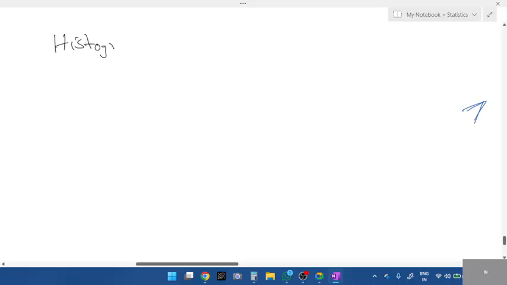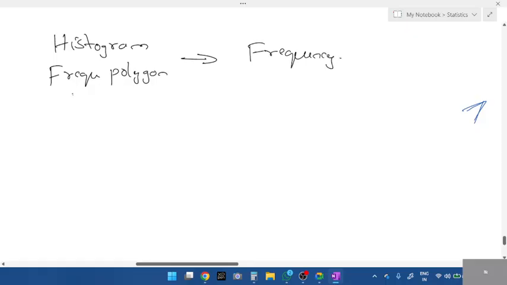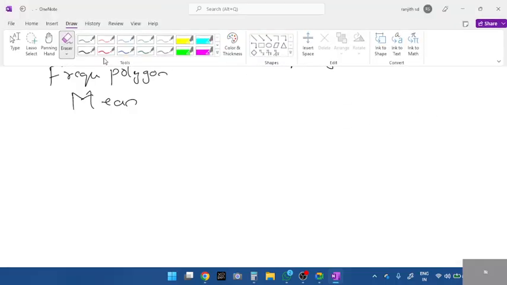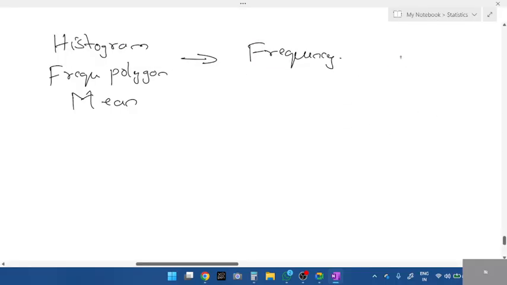Histogram, frequency polygon. Histogram, frequency polygon. We always take frequency. Even for mean we take frequency. Remember this. Make a note. For frequency, the values will keep increasing and decreasing. Even if it is cumulative frequency, check the values, students.